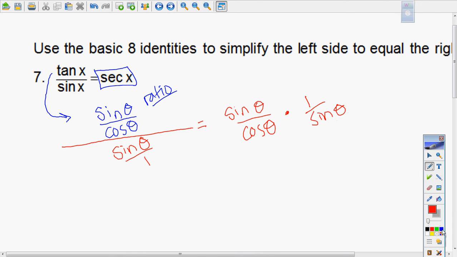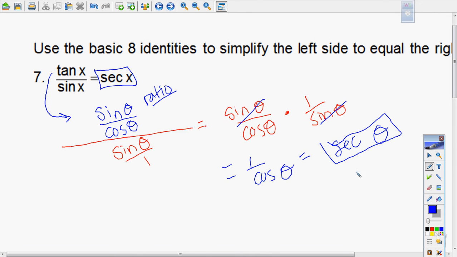And what happens next? Sine cancels out, and I'm left with 1 over cosine theta, equals secant theta. And my reasoning is reciprocal identity.